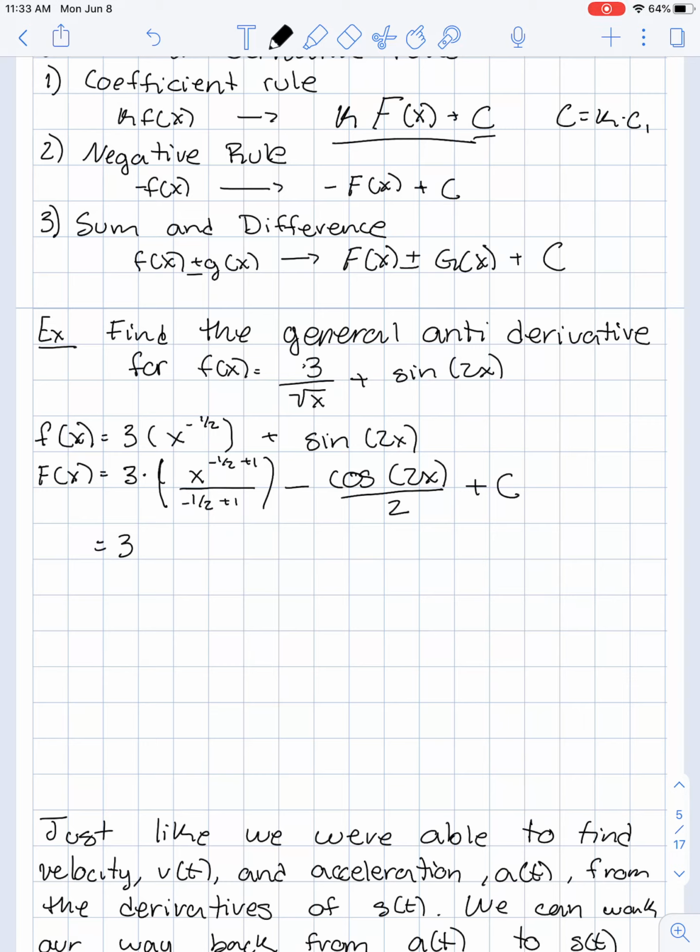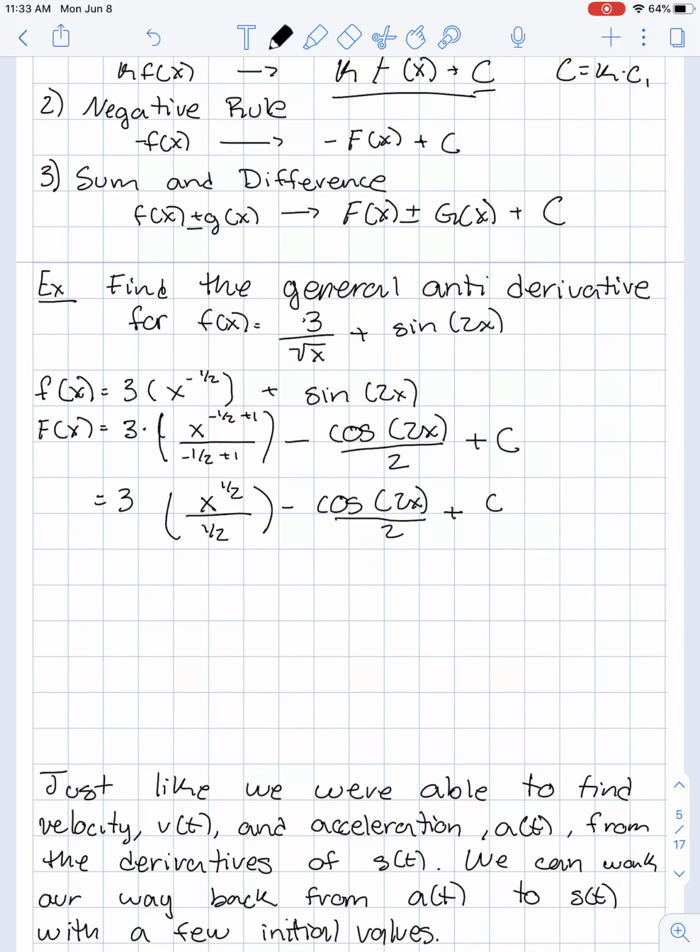Negative 1/2 plus 1 is going to be x to the 1/2 divided by 1/2, minus cosine 2x divided by 2 plus c.